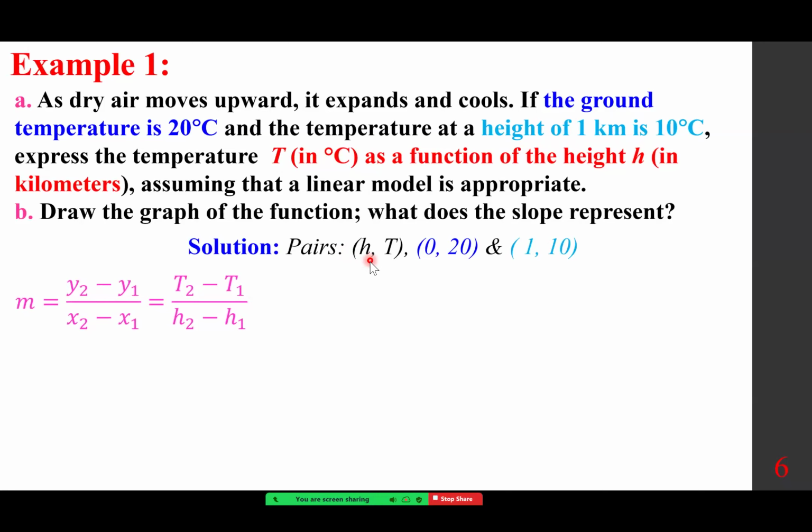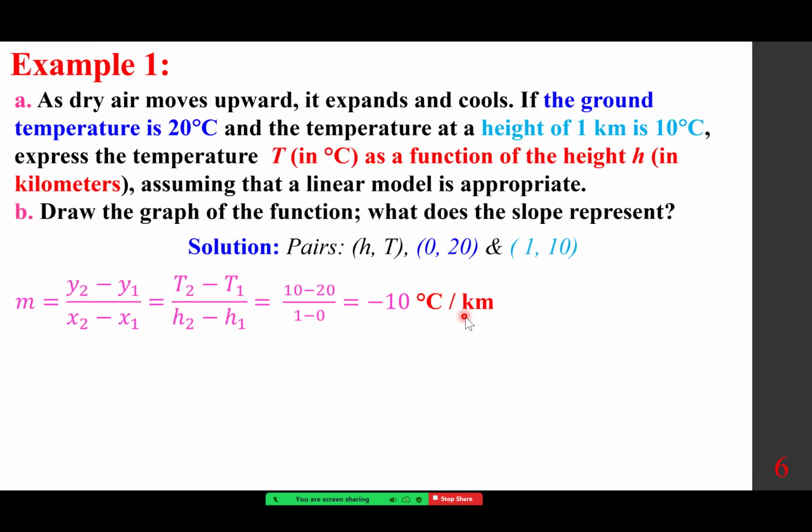Therefore, we are going to say 10 minus 20 over 1 minus 0. 10 minus 20 is negative 10 over 1, which is negative 10. Units of the numerator in degrees Celsius over the units of the denominator, height in kilometers. That's why it's minus 10 degrees Celsius per kilometer.